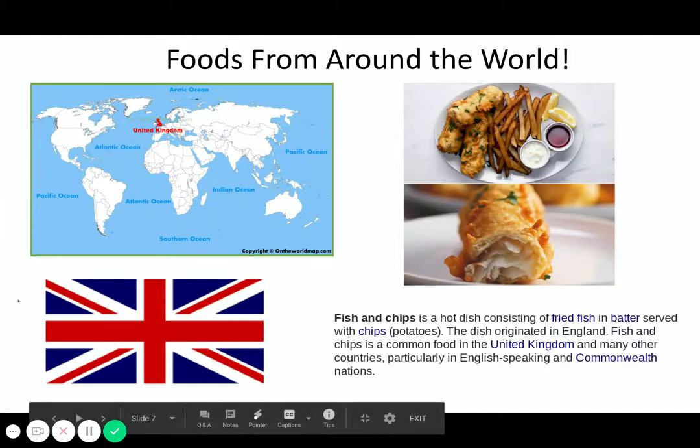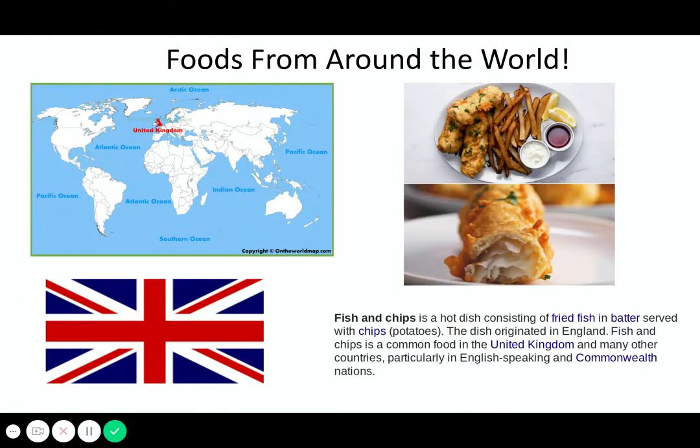Okay, moving on to foods around the world, and this is one of my personal favorites. Here we have what's known as fish and chips. It's actually a really popular dish here in the United States. Its origin, meaning where it came from, was originally from the United Kingdom.